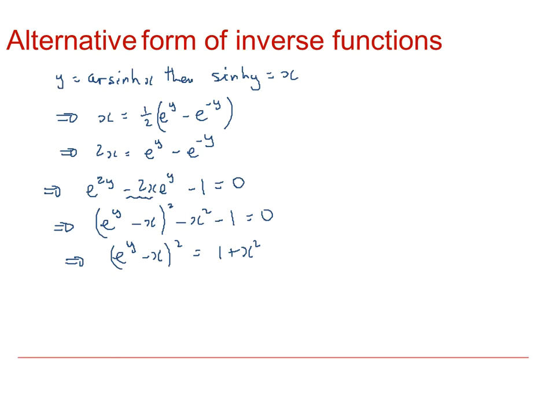So I can then take the square root and add x to both sides, which means that e to the y must be equal to x plus or minus the square root of 1 plus x squared.